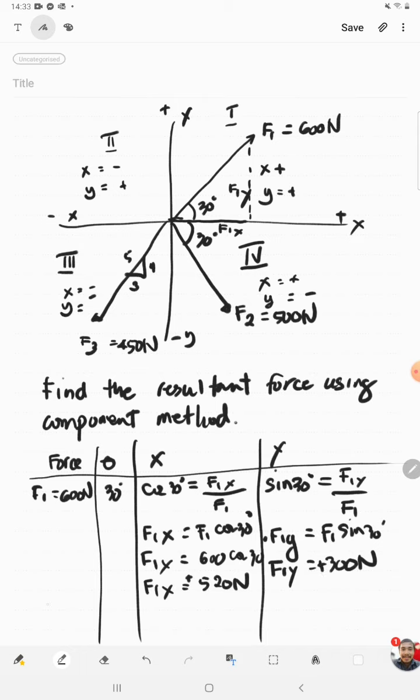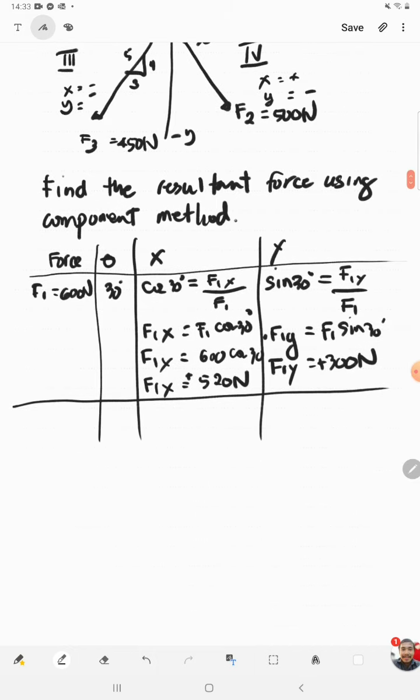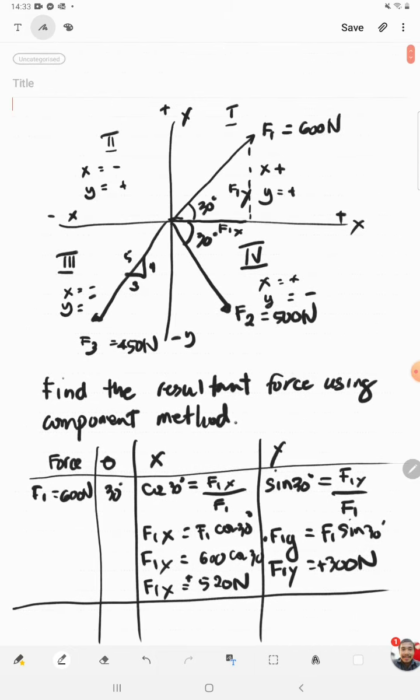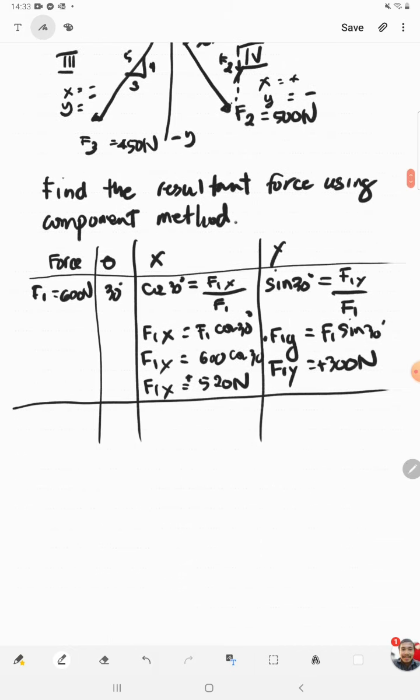Okay, so getting the value of our F2. You will see this is our F2, and this part here is our F2y, and around here this is your F2x. Again, your F sub 2 is equal to 500 newtons, and the theta is 60 degrees.